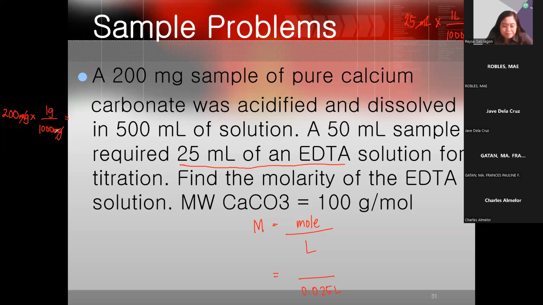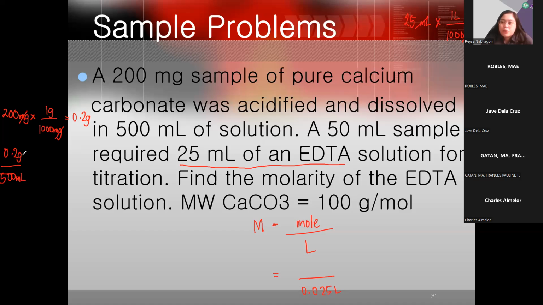Cancel this. 200 divided by 1,000 is 0.2 grams.